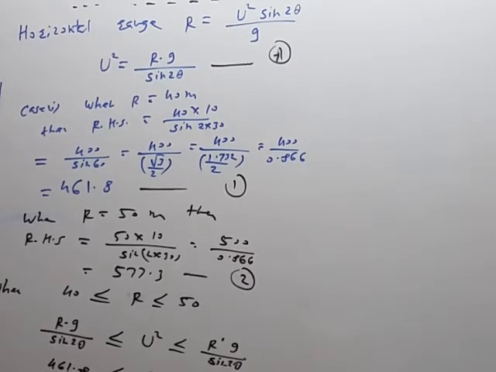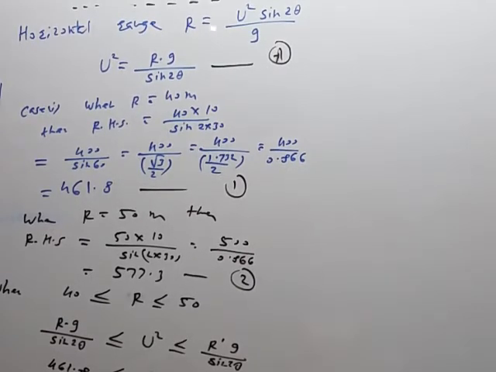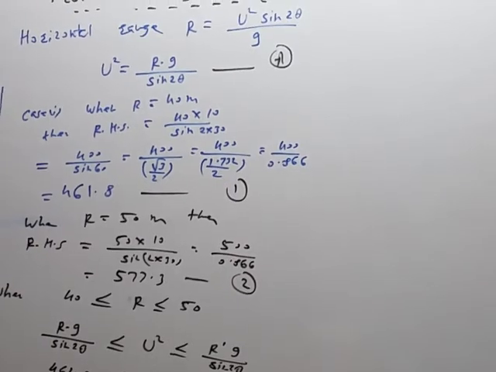So in this problem we know this expression, the horizontal range R is given by this. For a given value of angle of projection theta equal to 30 degree, g equal to 10 meter per second square, if the range R is given, then you can find u. One value of R is given as 40 meter, the other value of R is given as 50 meter.